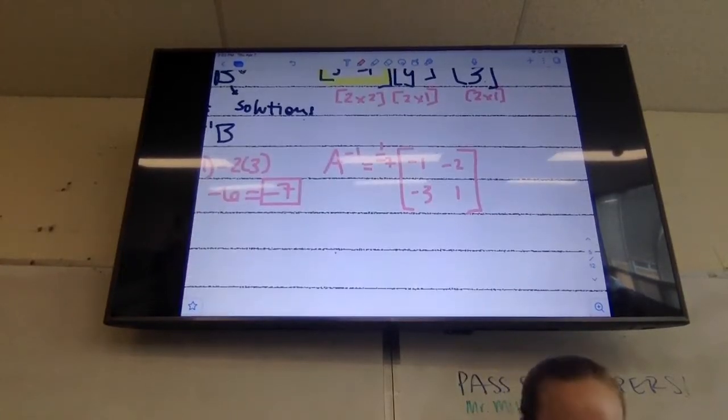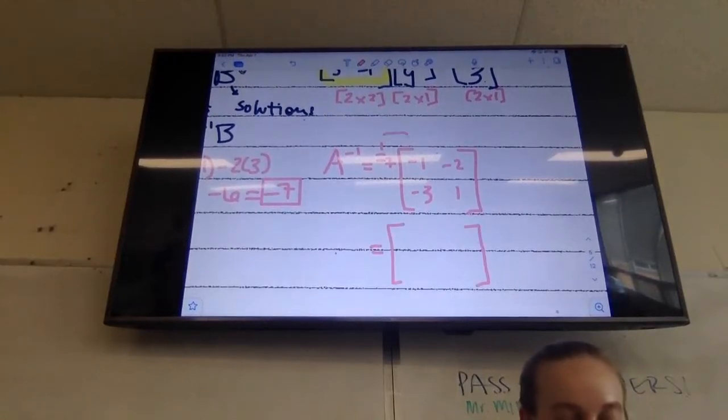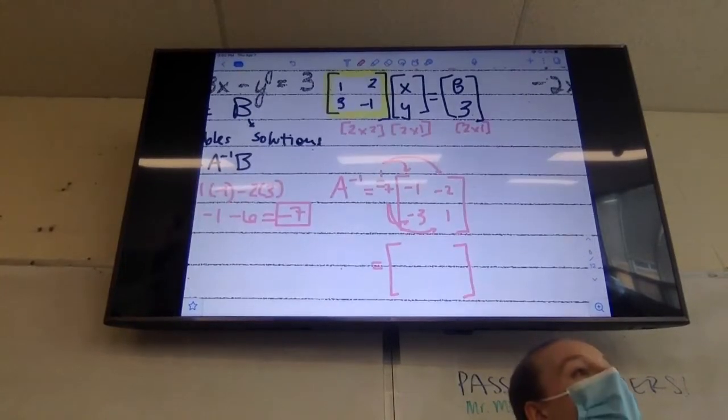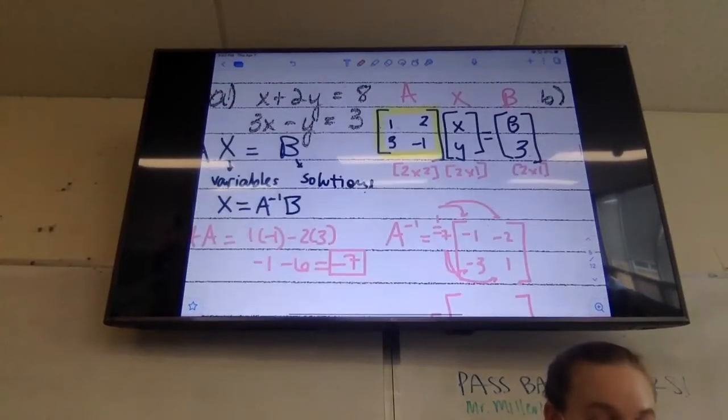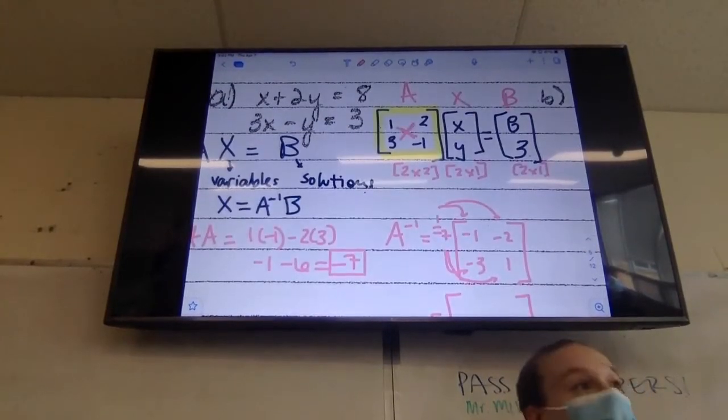Okay, now we're going to multiply those together. We're going to distribute that 1 over 7 in, and I want you to fight the urge to use a decimal. I really want it to be a fraction. Yeah, Callie. You don't flip it for the determinant. When we did the determinant, we did 1 times -1 and 2 times 3. You don't mess with it then.